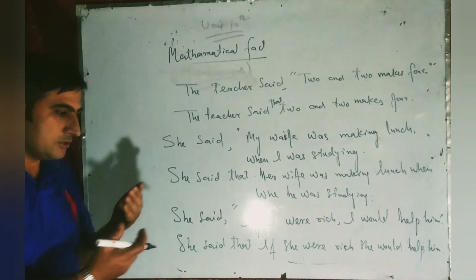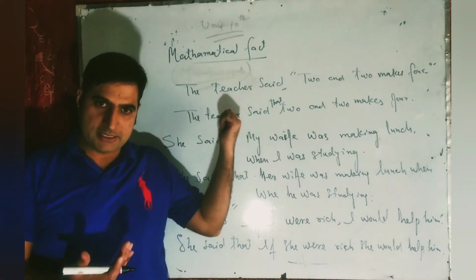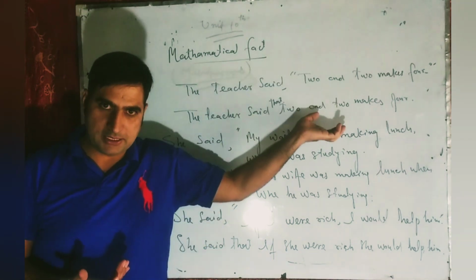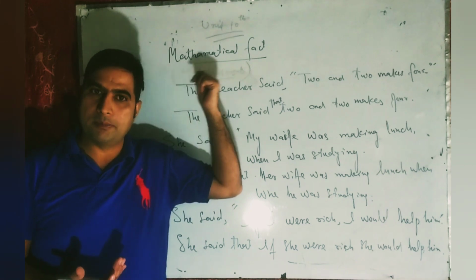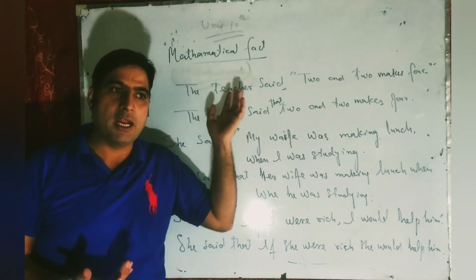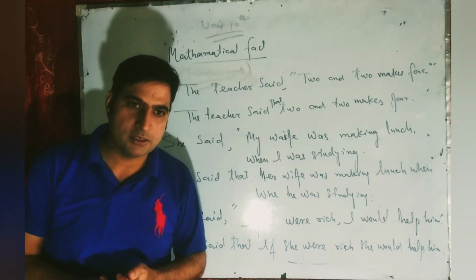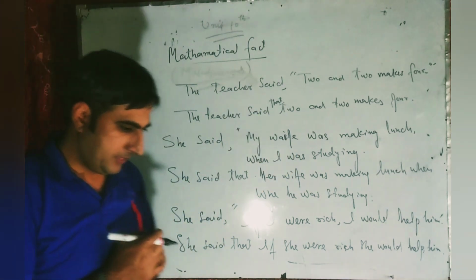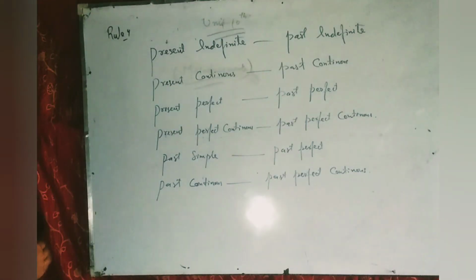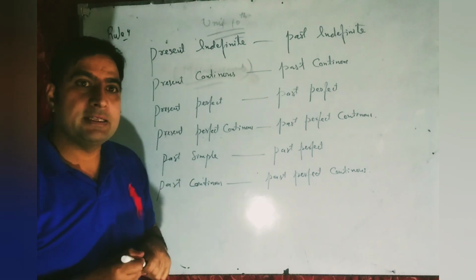Understand? Now, as you know, the tenses we change from present to the past. Present indefinite changes into the past indefinite. Present continuous into the past continuous. Present perfect into the past perfect. And present perfect continuous changes into the past perfect continuous. Now, rule 4 is that we use it in tenses.